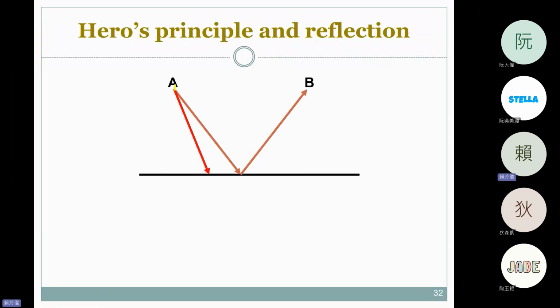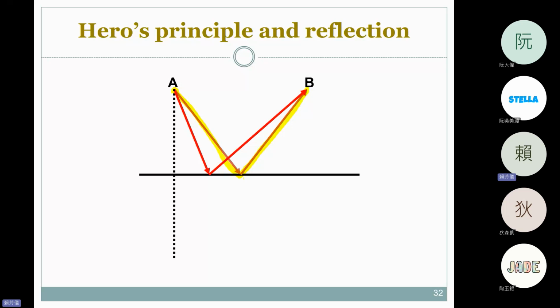Okay, we say that when the light travels from point A, is reflected by the interface here, and then goes to point B, it has many ways that it can travel. But why does it choose the yellow ray?